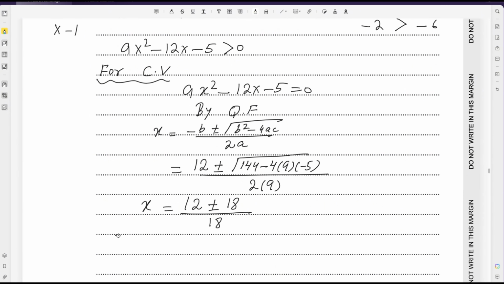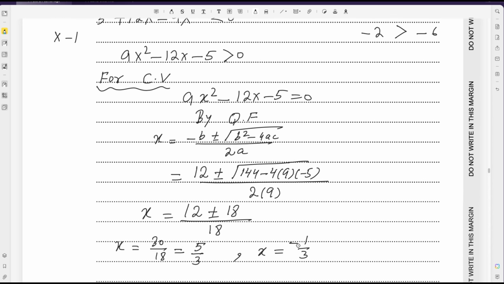In this way we get two answers for x. One will be 12 plus 18 divided by 18, which is 30 over 18, and simplified this gives 5 over 3. The other answer for x will be 12 minus 18 divided by 18, that is minus 6 over 18, which is minus 1 over 3.